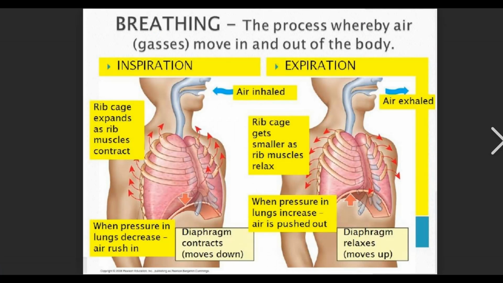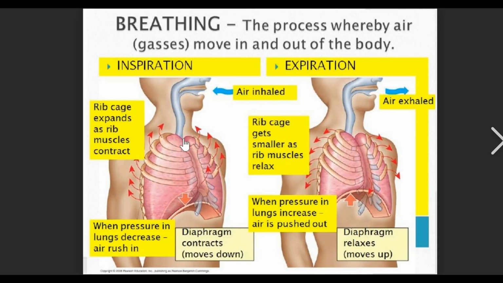Coming back into mechanism of breathing, what happens in breathing? You can see the picture of diaphragm, which is at the inferior portion of the lungs, and the intercostal muscles are between the ribs. This muscles contracts. When diaphragm is usually dome shaped, that is this shaped, when it contracts, it becomes flattened, it becomes straight.